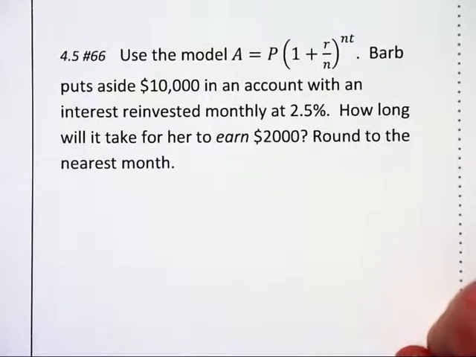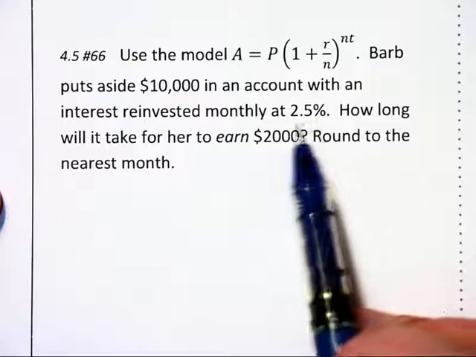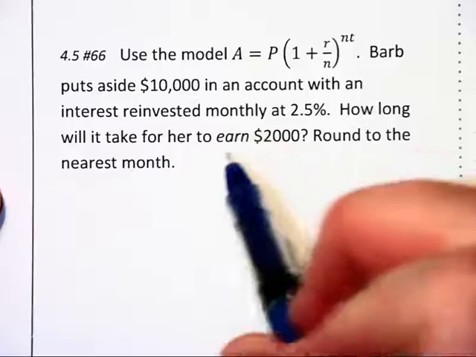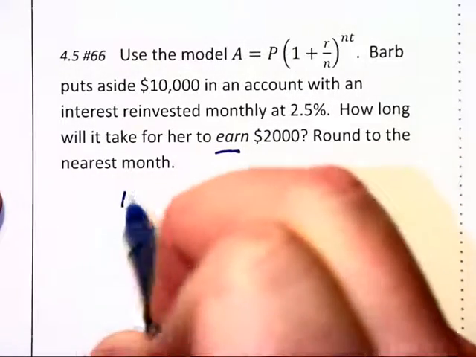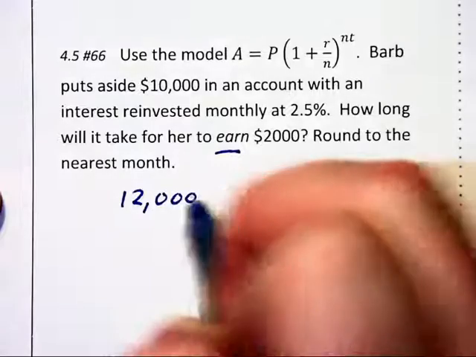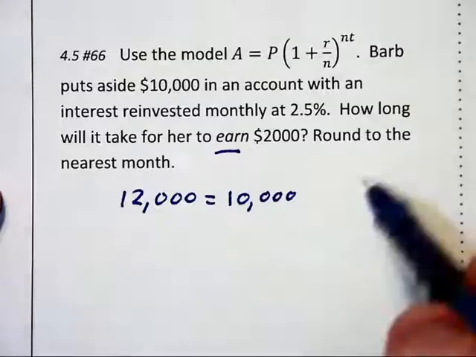And let's do one more problem here, the compound interest problem. They're giving us the formula right there. 10,000 is being invested, interest rate of 2.5%, and we want to earn 2,000, meaning we're going to end up with 12,000 for A when 10,000 is invested.